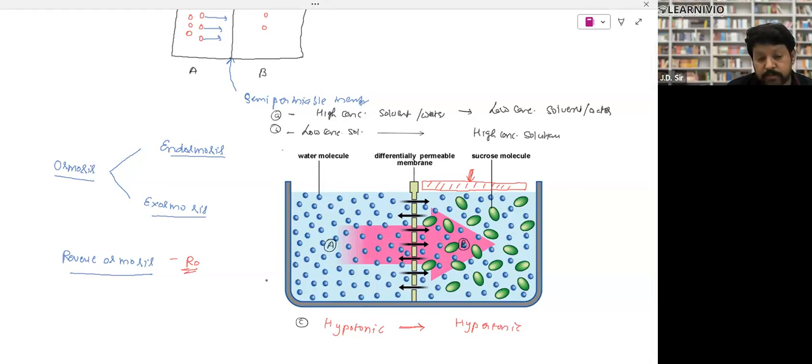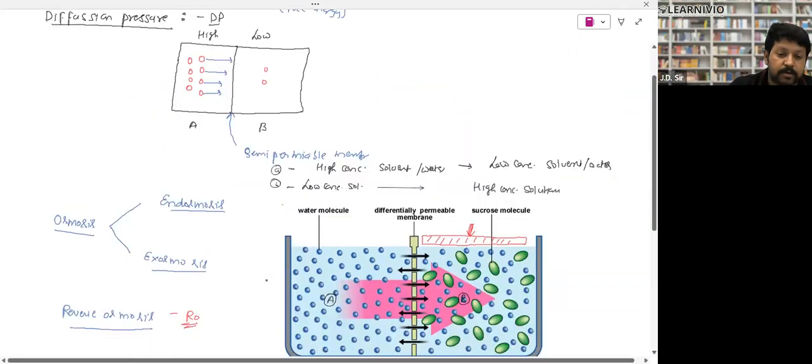Full stop. The chemical potential of water is also called water potential. Is that clear? What is the water potential? Right?